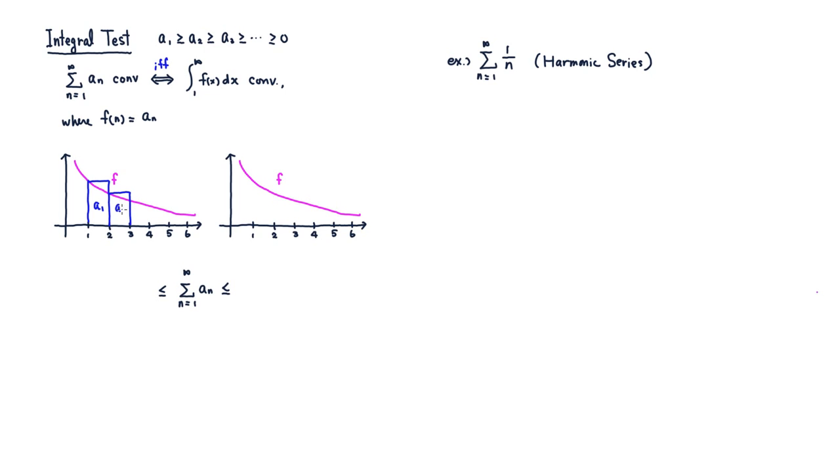This is a_2. This is at 3, so this is going to be a_3. So the sum of a_1, a_2, a_3 gives you the series we're talking about, the summation n goes from 1 to infinity of a_n.